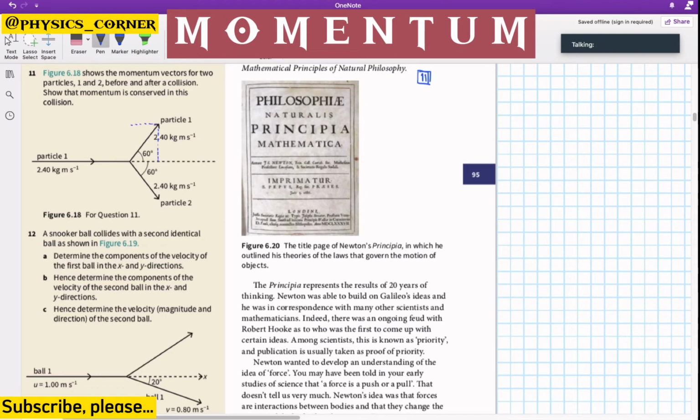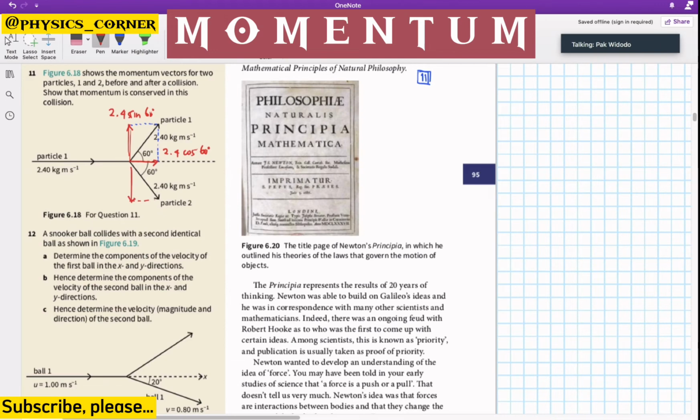On the x we have 2.4 cos 60, and on the y we have 2.4 sine 60. This is also the same thing on the x and on the y.